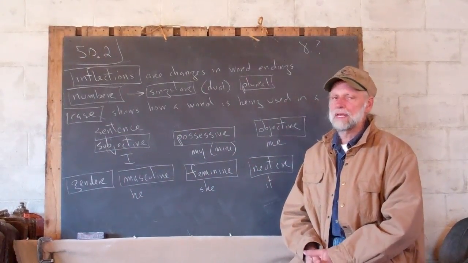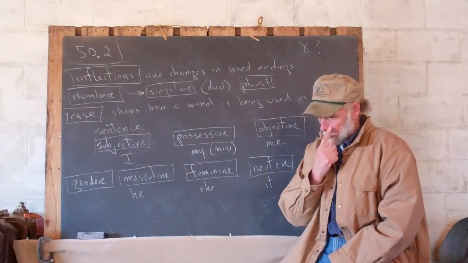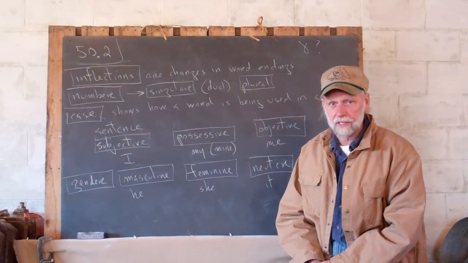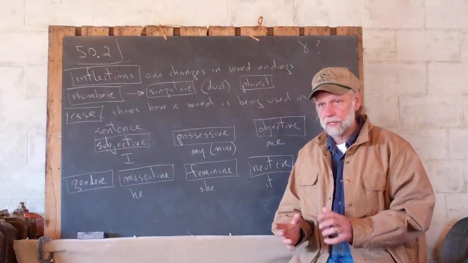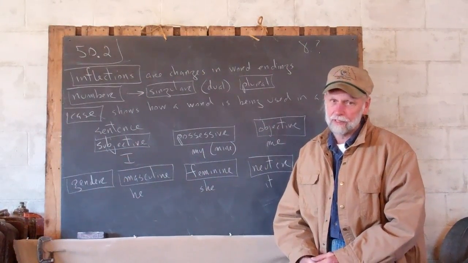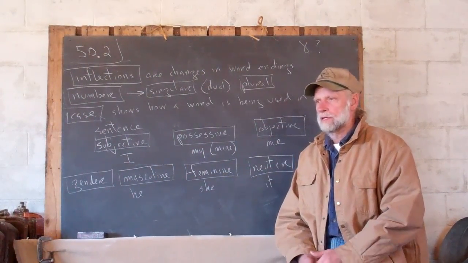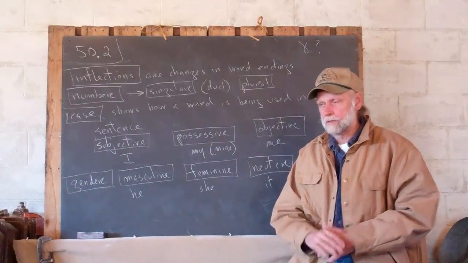Inflections. Many languages have inflections, and they are changes in word endings. English is an inflected language. Not all languages are, but to some extent we inflect our words. Chinese, to my understanding, is not an inflected language. So in Chinese, what they do is they use whole words to indicate things that we would use endings for.